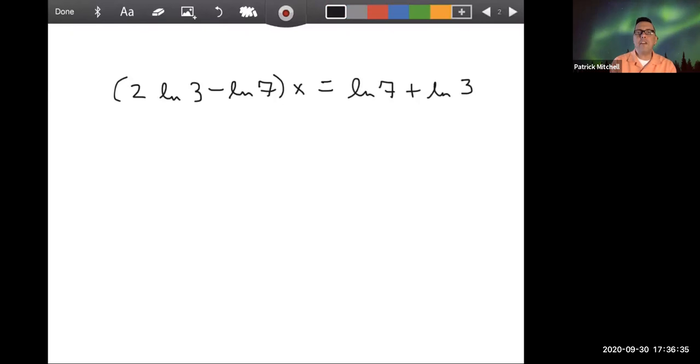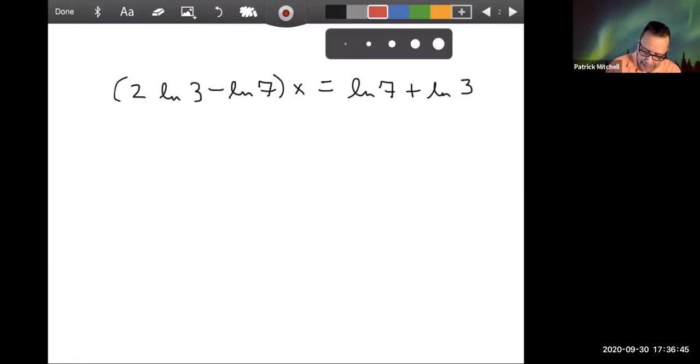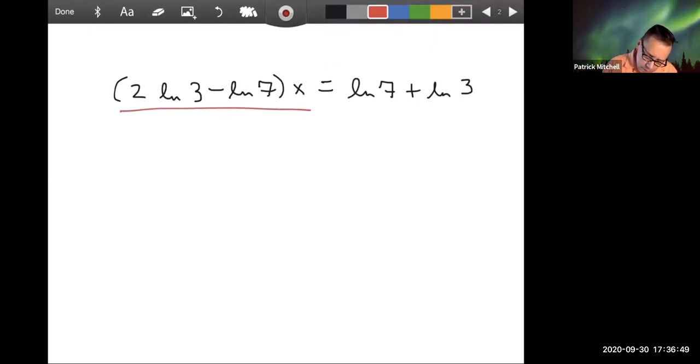So what we have at this point is a number times x equals a number. So we just have to get rid of the number that's being multiplied by x. We do that by dividing it on both sides. So that is 2 natural log 3 minus natural log 7.